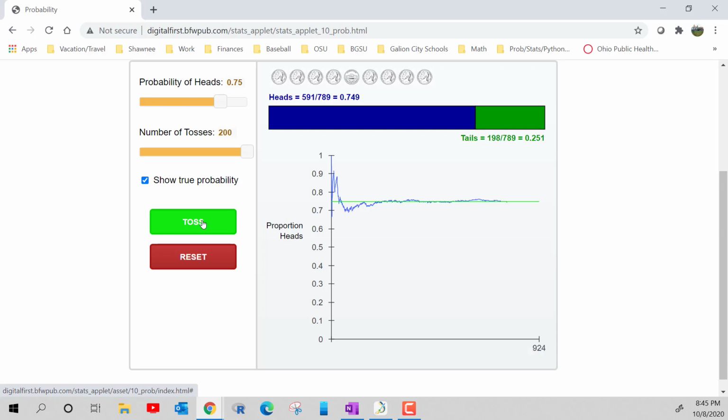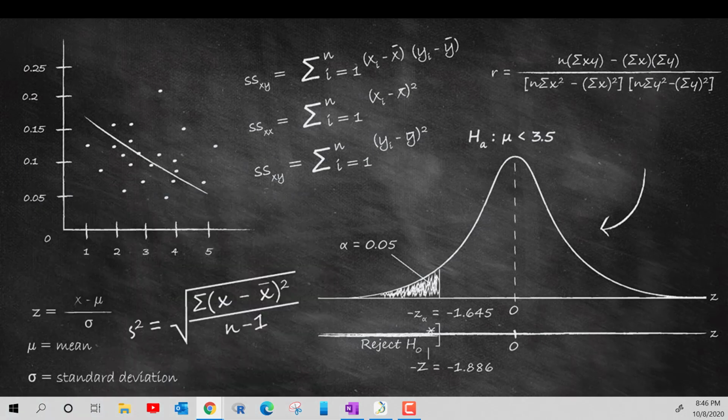Let's just do at least 1,000 tosses, or flips. So we get about 0.748, which is really close to the true probability of 0.75, right? So this is the idea of large numbers. As your number of trials approaches infinity essentially, goes on really, really large, it's going to approach the true probability.